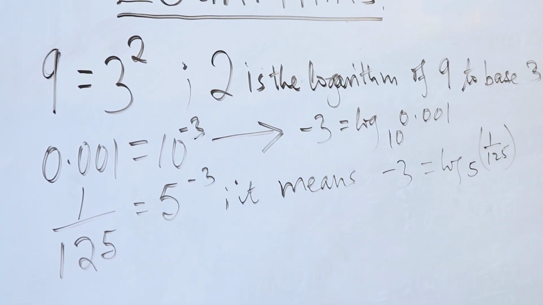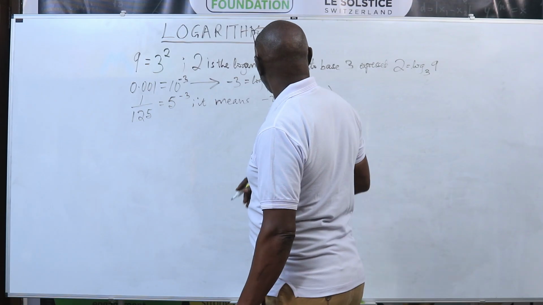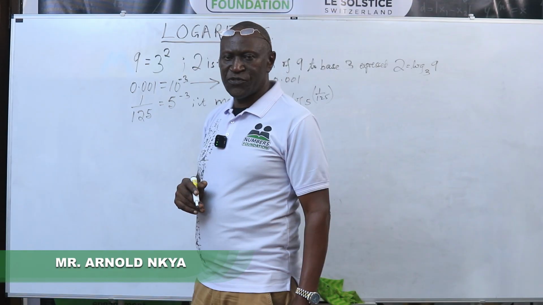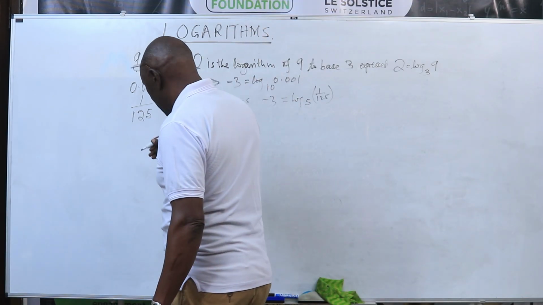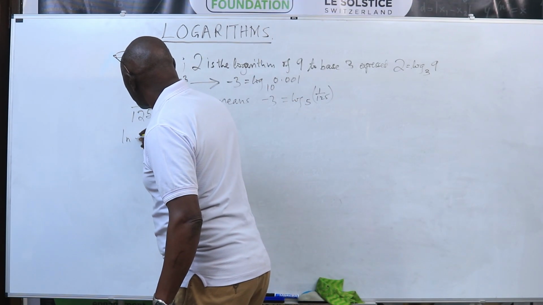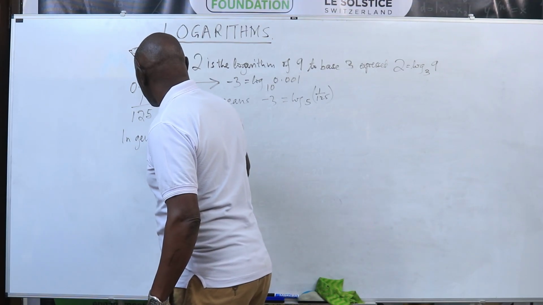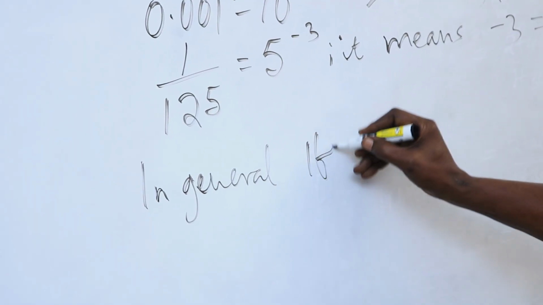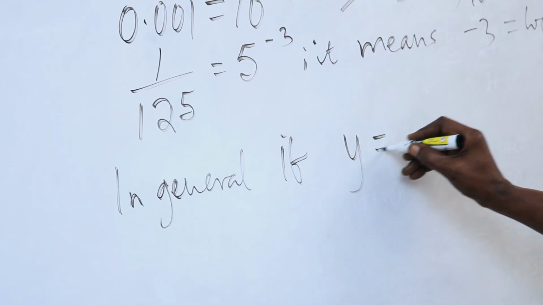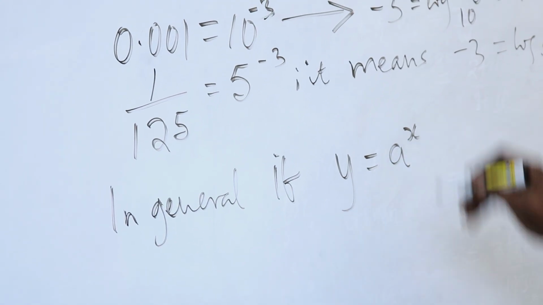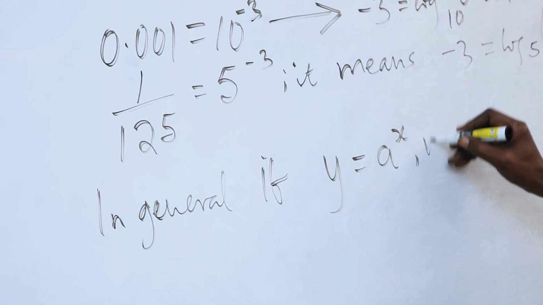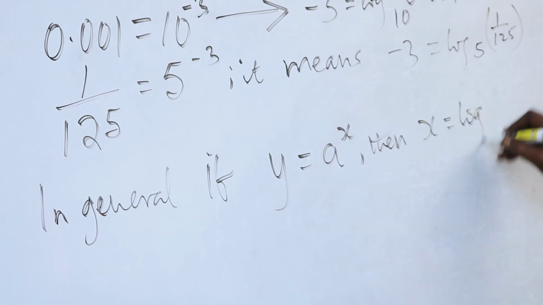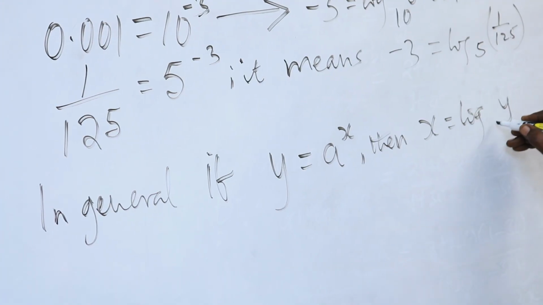So from these 3 judgments which we see here, we can now generalize. So in general, if y is equal to a exponent x, then x will be equal to the logarithm of y to base a.